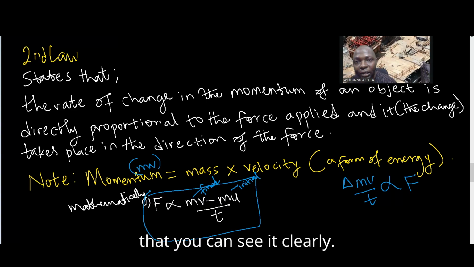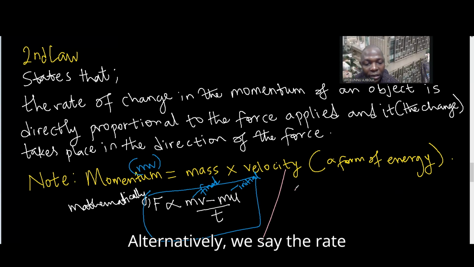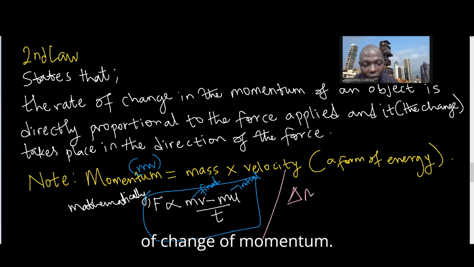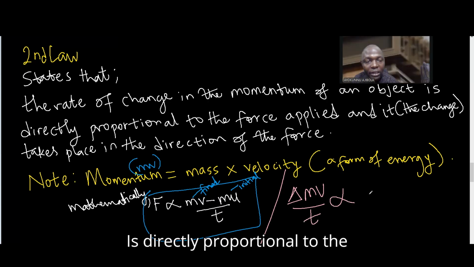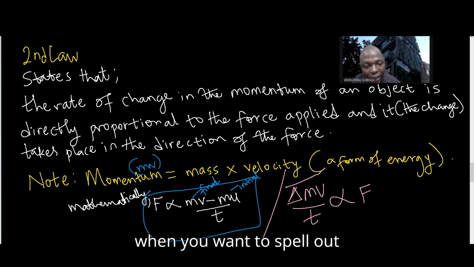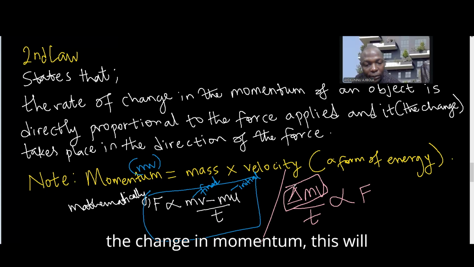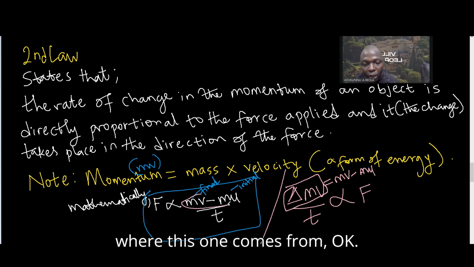Let me write that again so that you can see it clearly. Alternatively, we say the rate of change of momentum is directly proportional to the applied force. But when you want to spell out the change in momentum, this will be mv minus mu, and that's where this one comes from, okay?